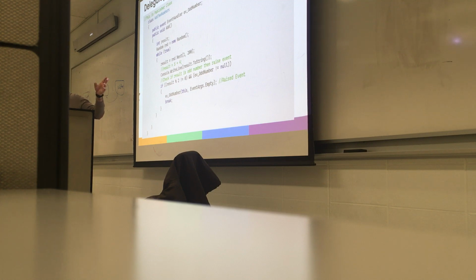But here the event handler is a built-in handler. It takes two parameters, with void as the return data type. The first one is the object itself, and the second parameter is event args.